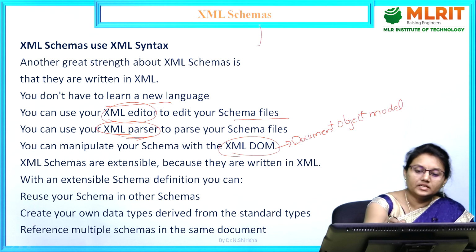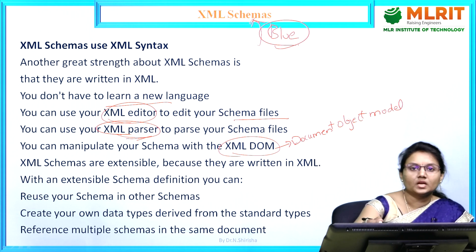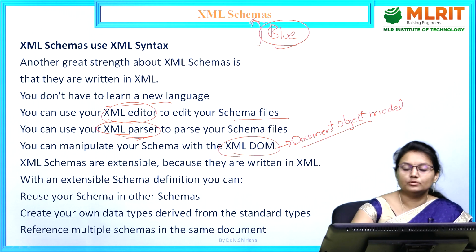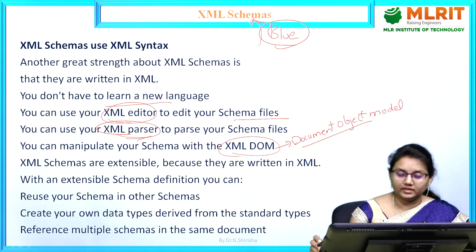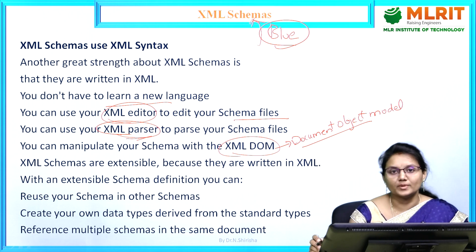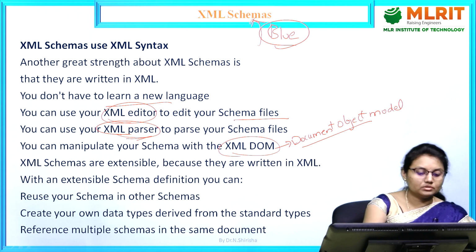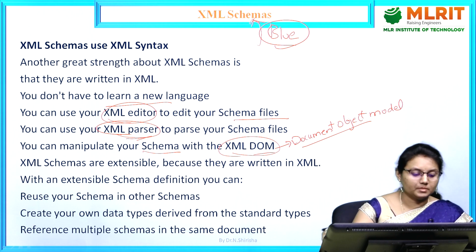When I click on this cursor, I want to change this text to blue color. What we have to do is use DOM, create an object and apply some functions to change the color of the text. That is manipulating, changing the content, changing the format. You can use schema with the XML DOM also.